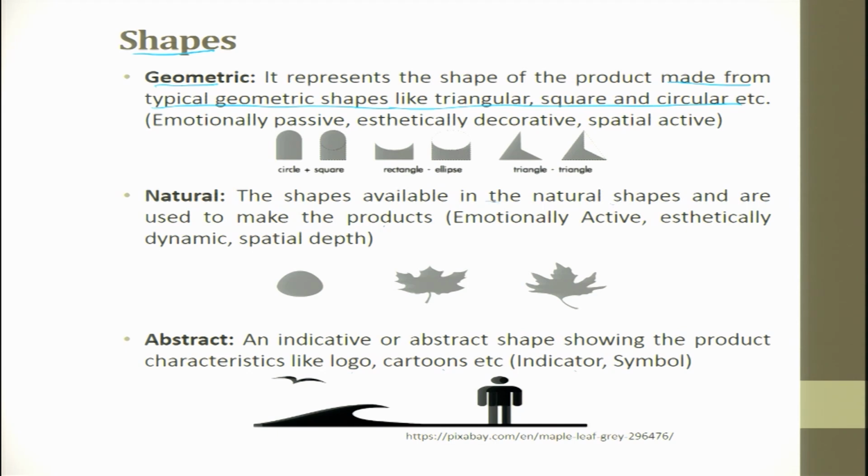Majority of them we try to make in geometric fashion because our manufacturing processes work very easily for these geometric features. For example, you can have a circle, a square, a rectangle, an ellipse. You can add it, you can subtract it, you can have a triangle and triangle subtraction. So, geometric shapes are one.